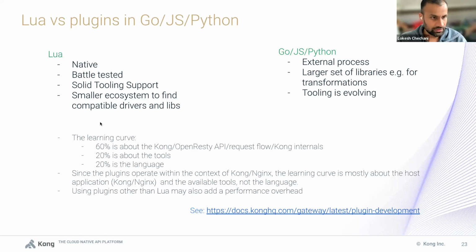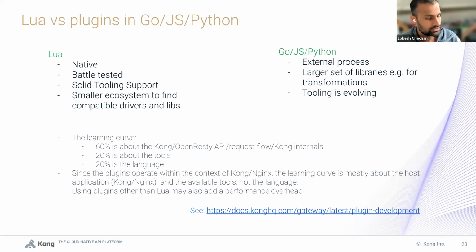There are other advantages of being right in Lua: it has native support. As I said, since Kong is built in Lua, it provides the in-process runtime for Lua. What that means is it's very performant because there are no different processes running. It's also very well tested.